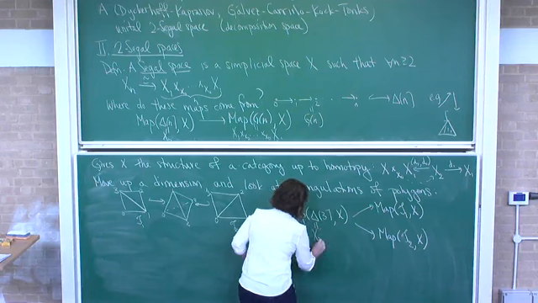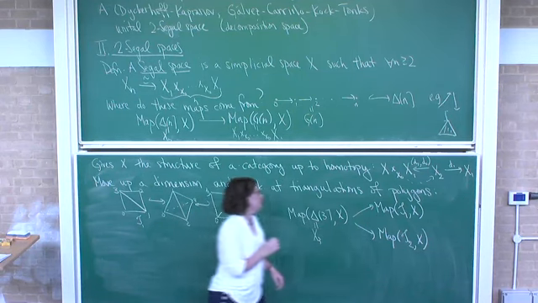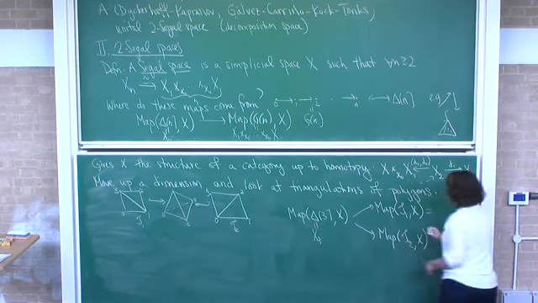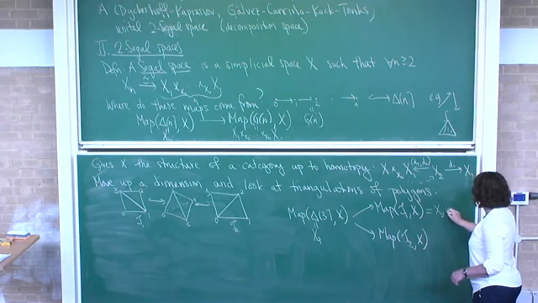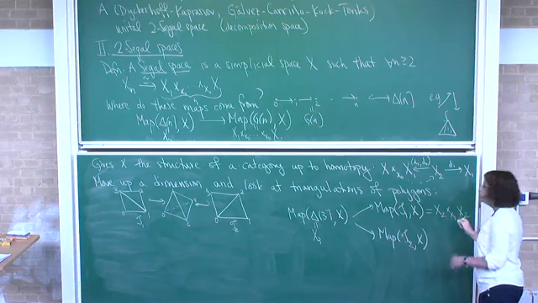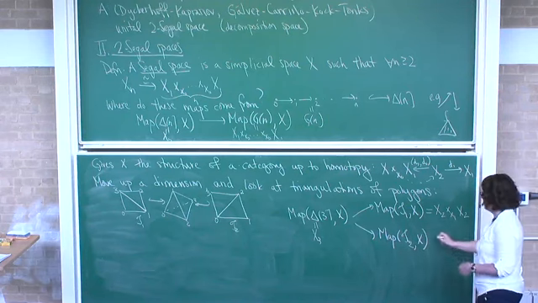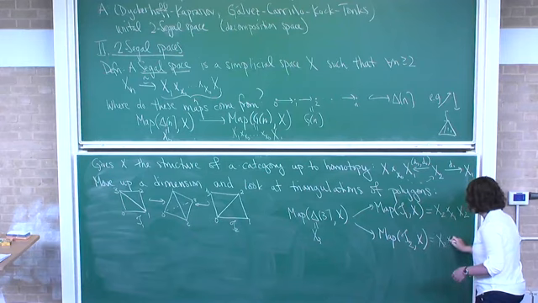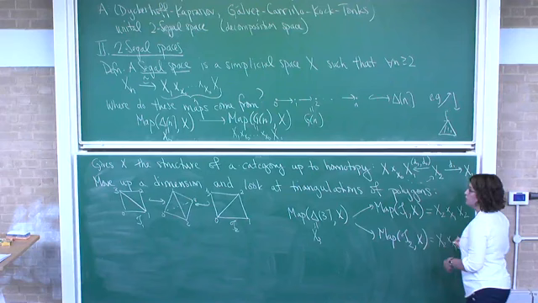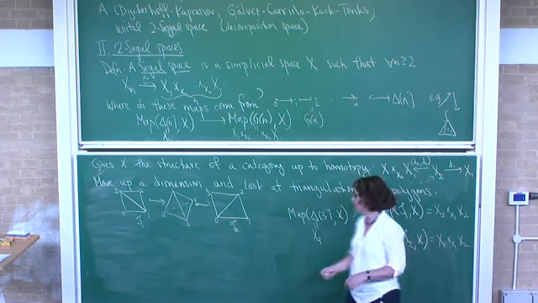Again, here we'll just get X3. And here, these both look like two copies of X2 glued together along X1, but the gluing is different. It's not the same pullback in each case, because it depends on the triangulation.